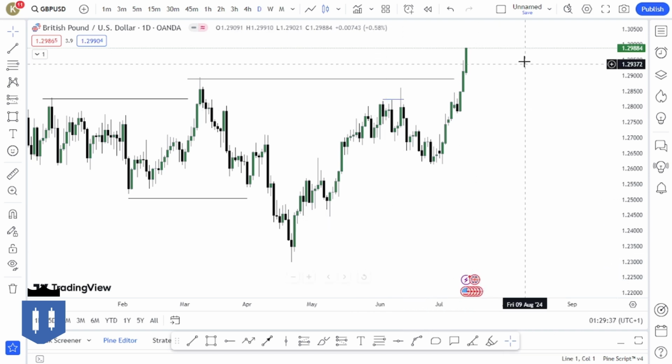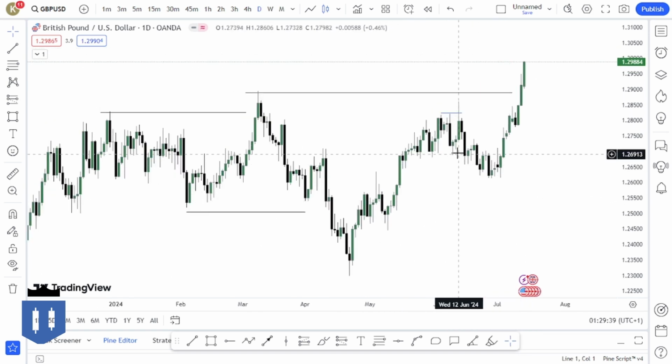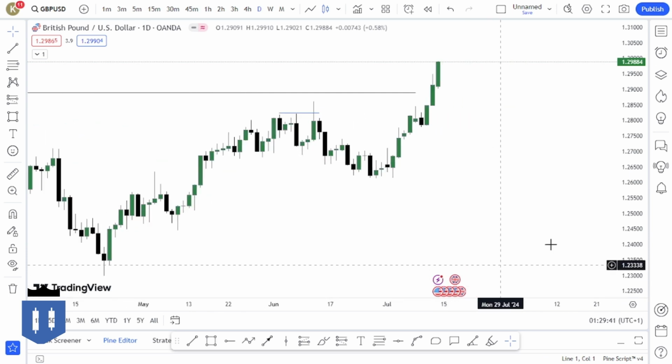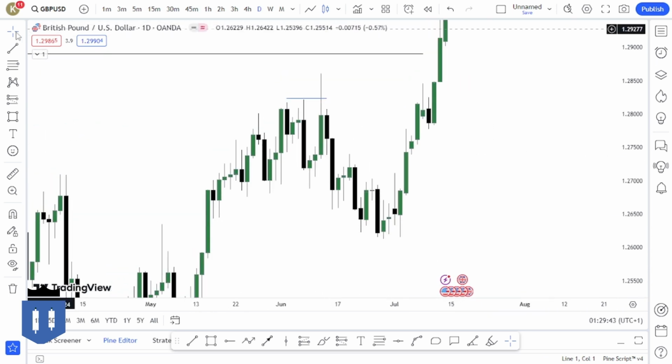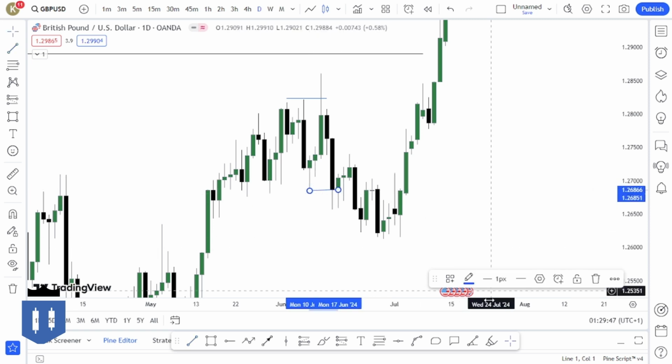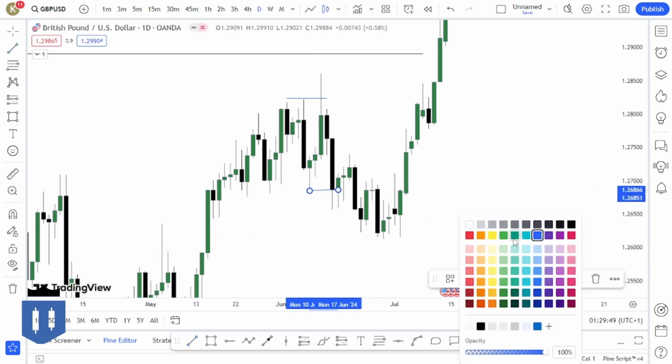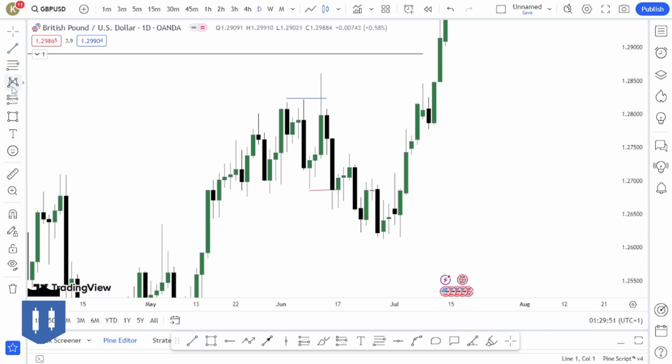From that liquidity sweep, we now start having some structures here that are very clear to see and understand. After that, we have a breakdown, and then we'll make it red.